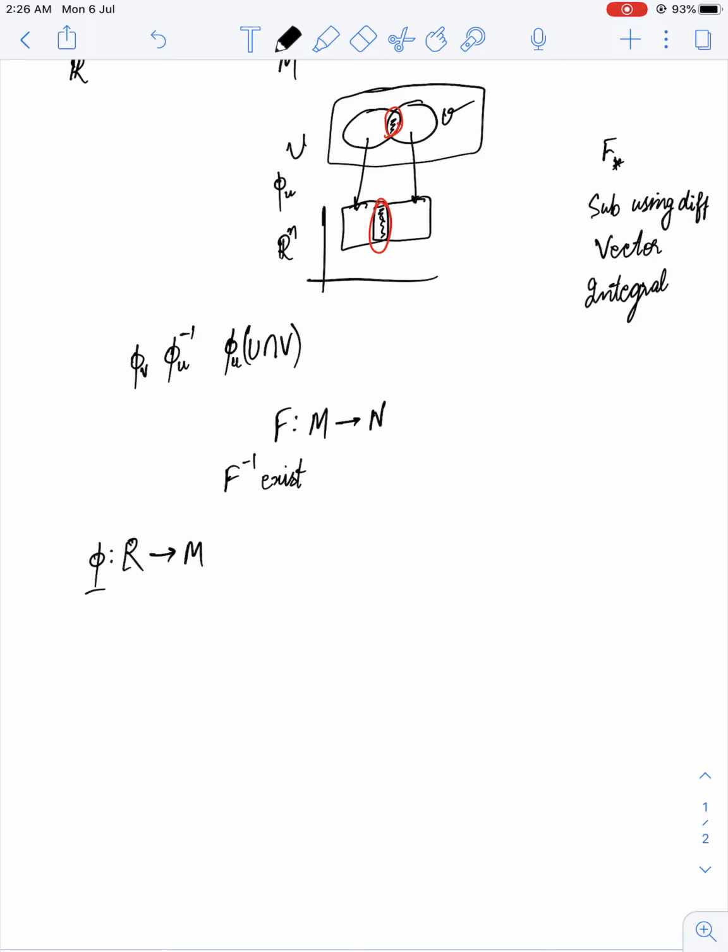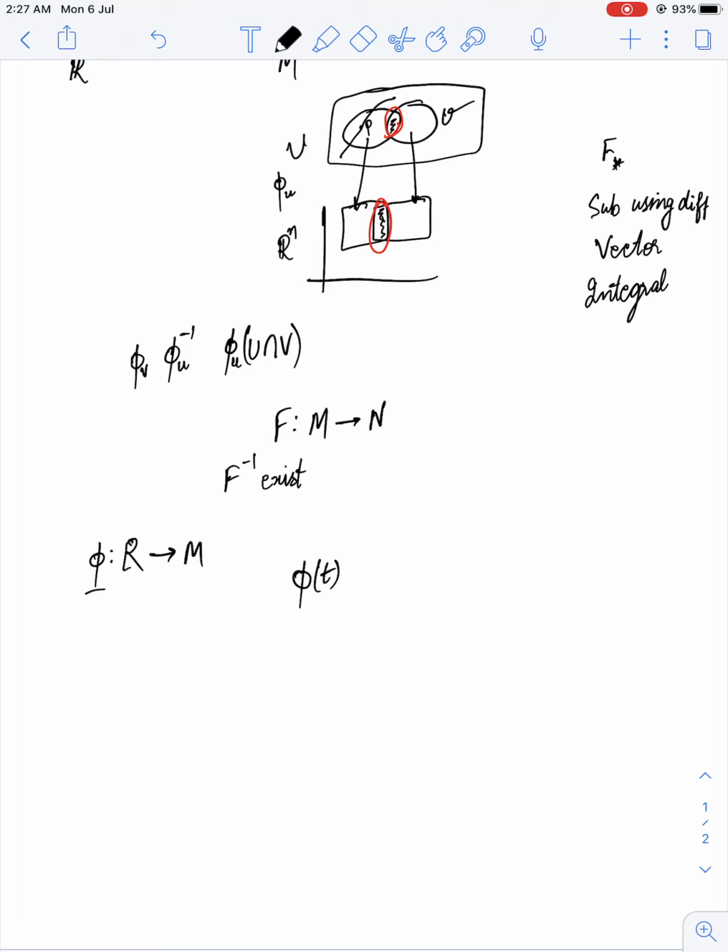What is special is that we have this curve, and suppose it passes through point P, at which the parameter of phi is, let's say, t. There's another idea of tangent space.